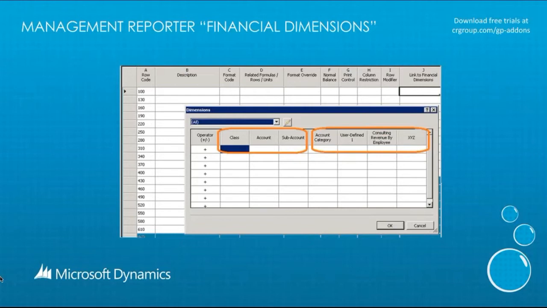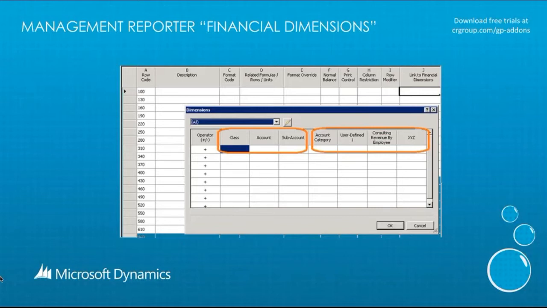So the first orange bubble on the left there is holding the GL segments, where on the right side, we've got the account category, which came off the GL account card. We've got user-defined field 1, that again came from that account card. We've got consulting revenue by employee and XYZ, which are both analytical accounting dimensions.